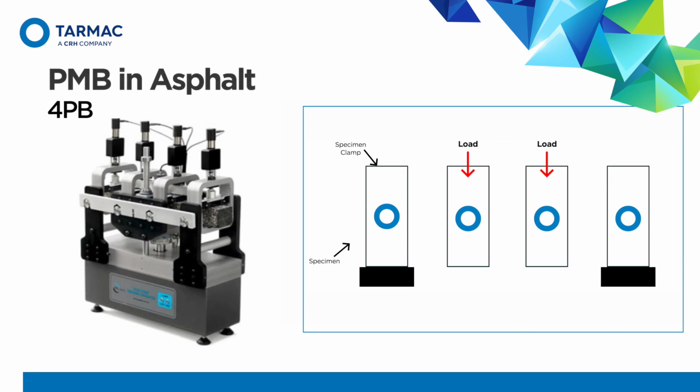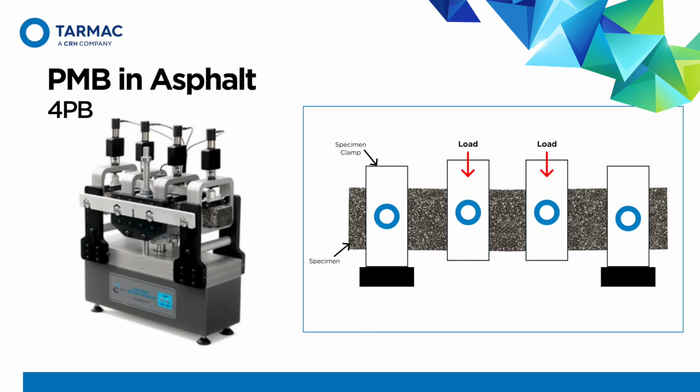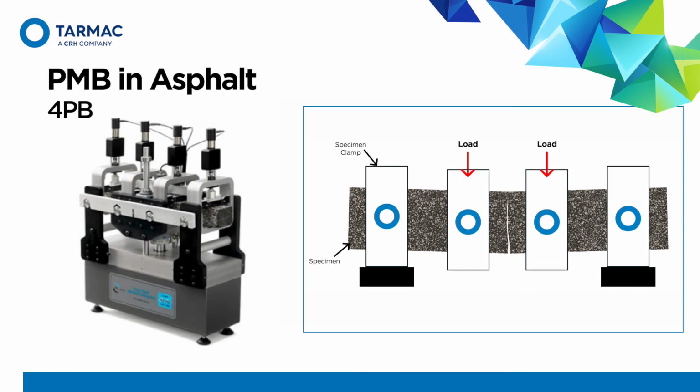At the other scale, the higher scale, the asphalt mixture, we have different tests that can demonstrate this. One of the tests that can be used is the 4-point bending test. Here, the specimen is restricted at 4 points by means of 4 clamps. The two outer clamps remain static, while the two inner clamps deflect according to the stress or the strain applied.